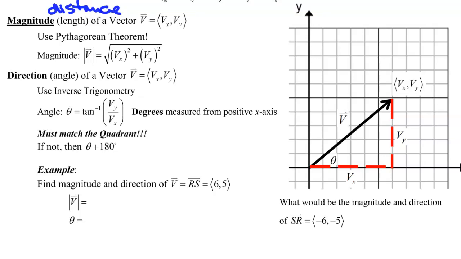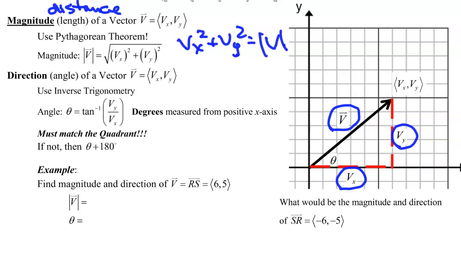I'm going to use the distance formula. If you remember, the distance formula from geometry class is based on the Pythagorean theorem, which according to what I have here, this is my A side, and this is my B side, and this is my hypotenuse. That would be Vx squared plus Vy squared is equal to side V squared.